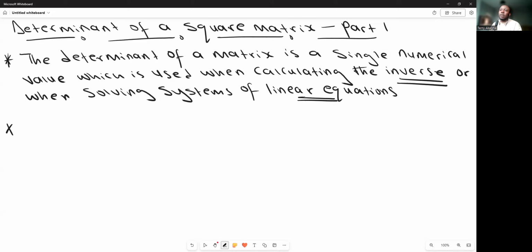So how do we denote it? The determinant of a matrix A, how do we denote a determinant?